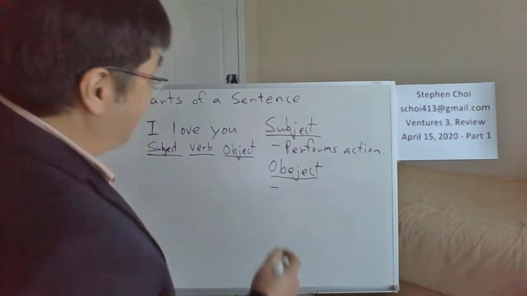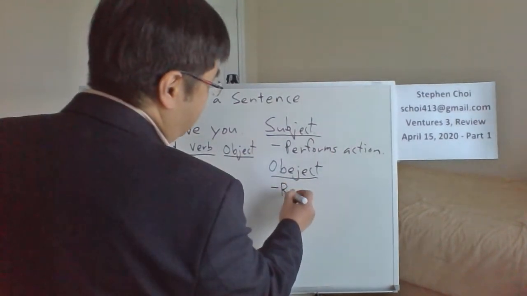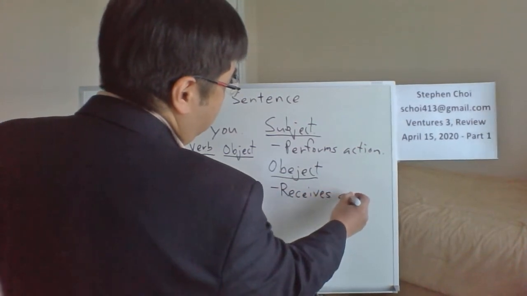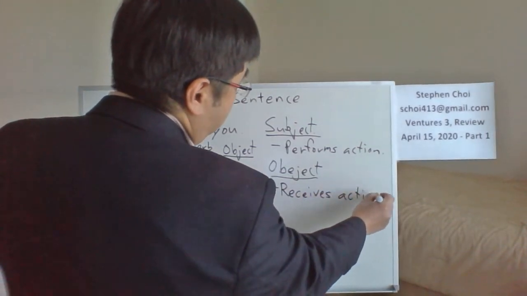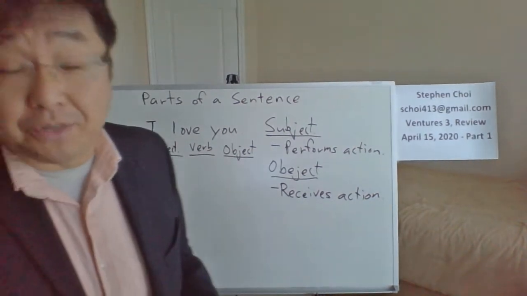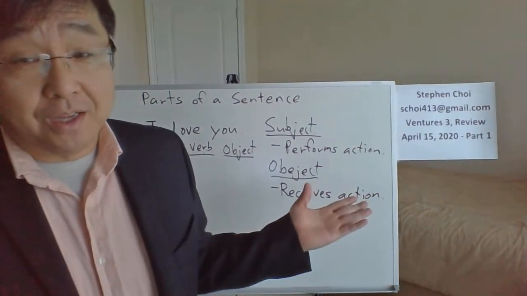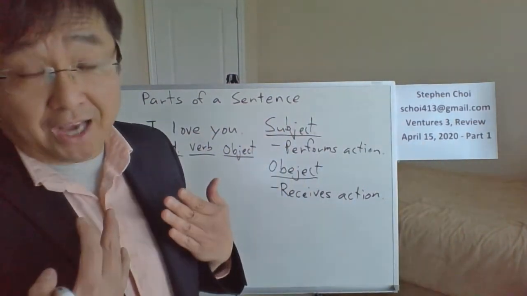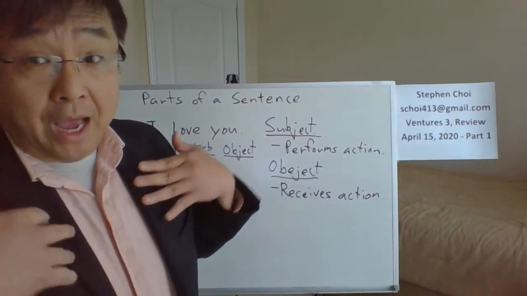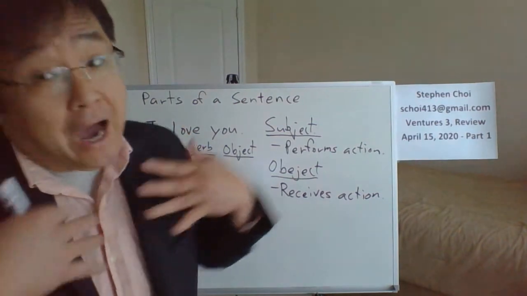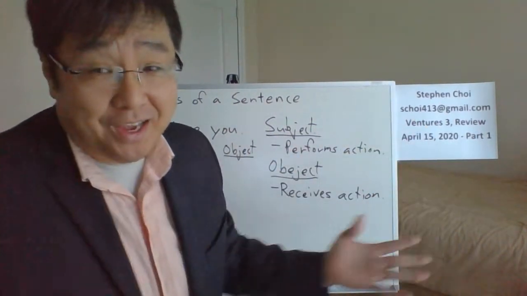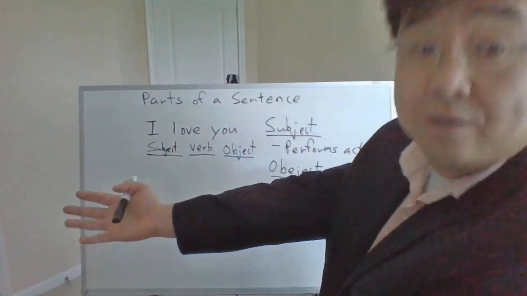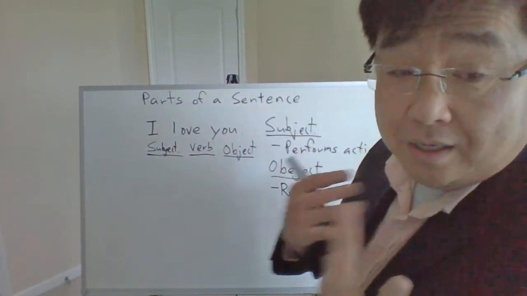And object receives action. Simple as that. So when I say I love you, I do the loving. I do a lot of loving, and I give you my love, and then the other person receives that love. Simple as that.